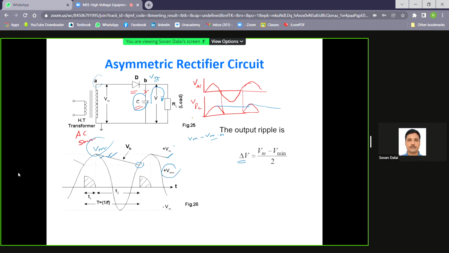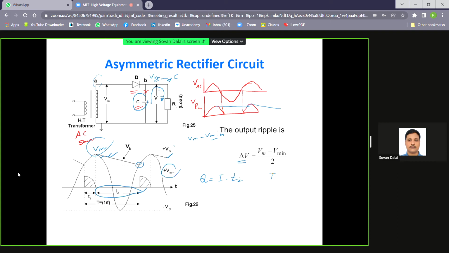So if you say the current flowing through this load is I, corresponding to this period T2, we can represent that Q amount of charge is transferred in this time period T2.